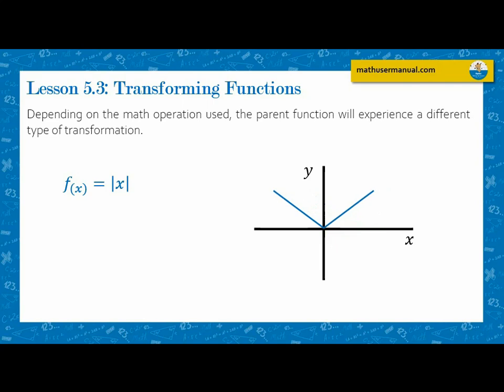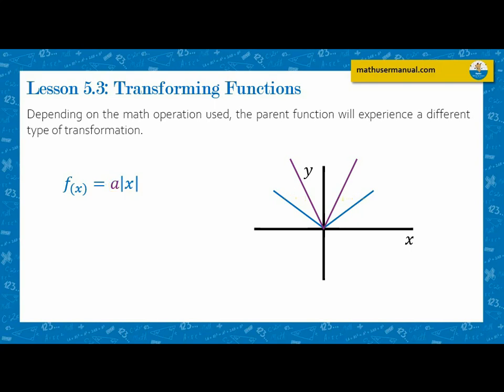Let's go back to our absolute value, because absolute values also have multiplications by a constant, like in this case, a times the absolute value of x. And let's remember one more time, this a represents any number: 2, 3, 4, 10, 100, 1000. And if we multiply, our graph stretches by the amount we are multiplying.